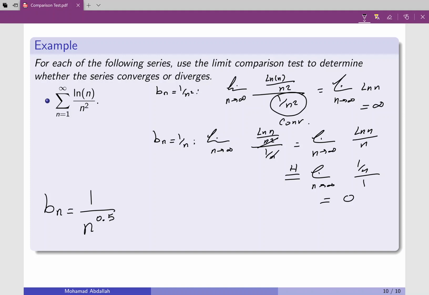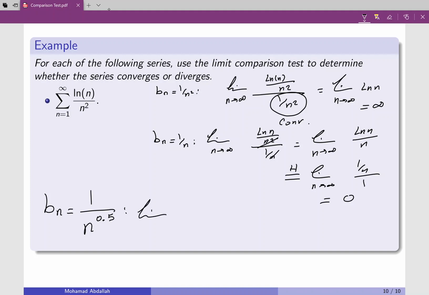So let's see what happens in this case. I'm trying to choose something less than 1 over n, because at 1 over n it was inconclusive. If this doesn't work, maybe I choose something like 1.5.